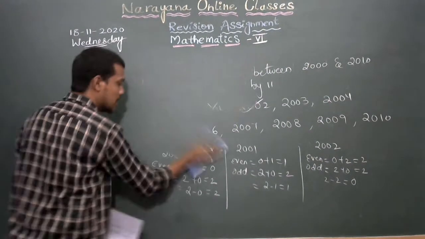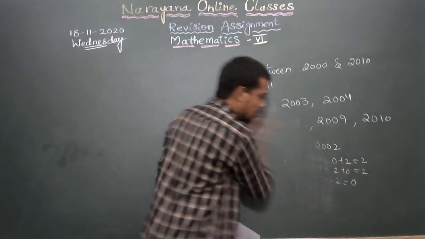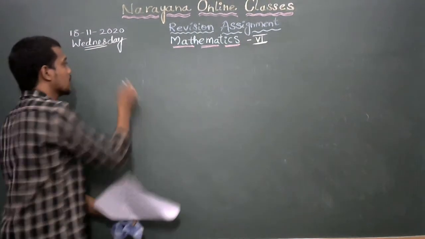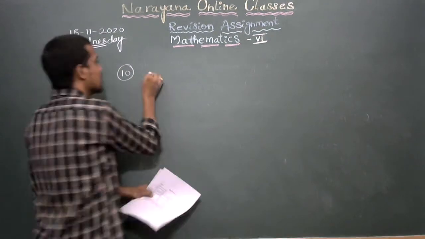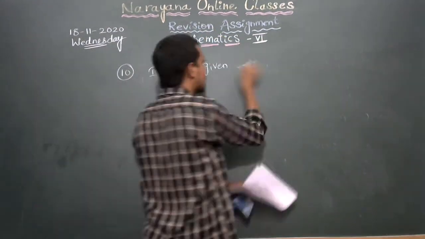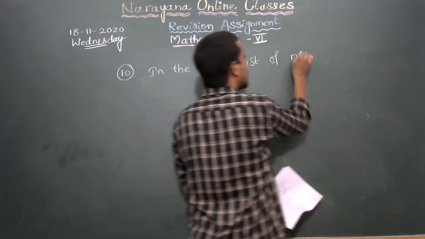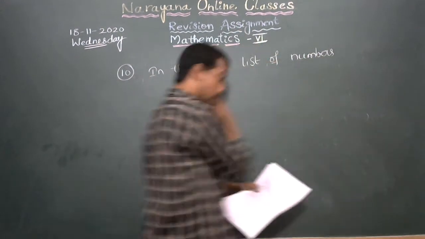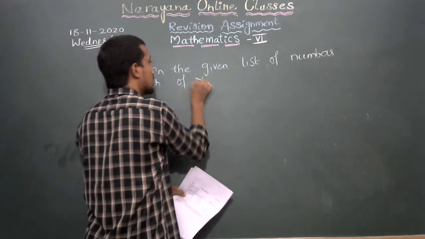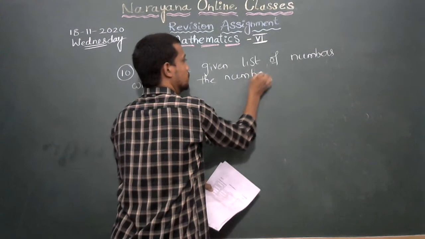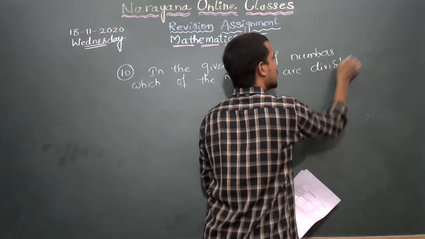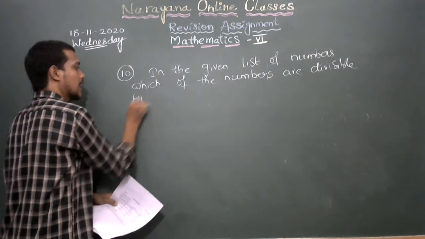Now the last question, that means the 10th question. What is the 10th question? In the given list of numbers, which of the numbers are divisible by 11?